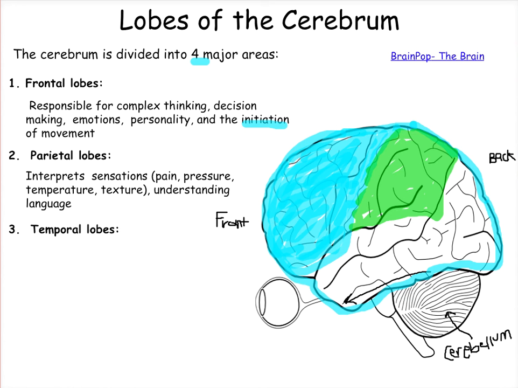All right, next we have the temporal lobes. The temporal lobes are found on either side of your brain. Again, if this brain looks like a boxing glove, then the temporal lobe is the thumb of the glove. Okay, so you can shade that in. Oops, not all the way up there.